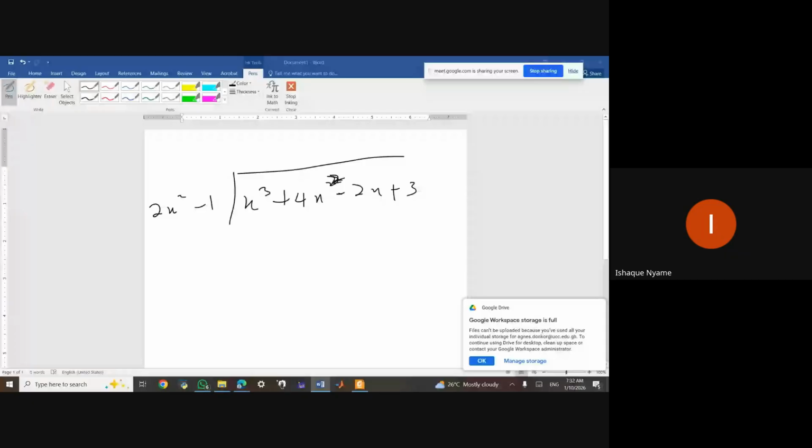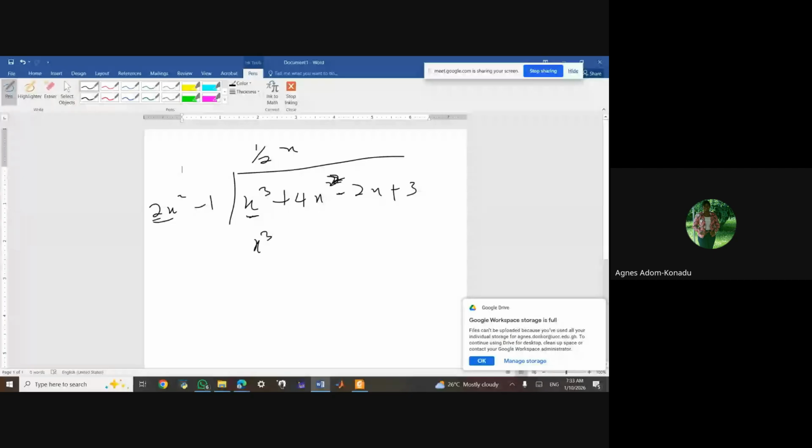Yes, madam. Okay. So first you divide the first term by this. As I did, when you divide S to the power 3 by 2S squared, you are going to get half S. Then after that, you multiply the 2S squared by the half S, and when you do that, you're going to get S cubed.